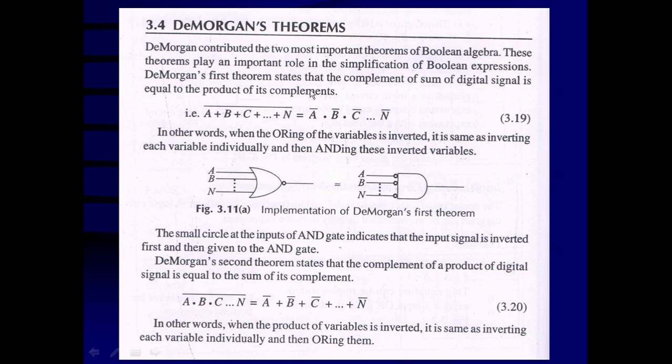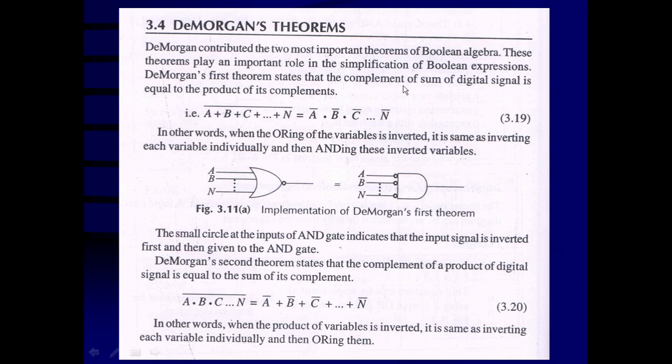De Morgan's first theorem states that the complement of the sum of the digital signals is equal to the product of its complements. What does it mean?